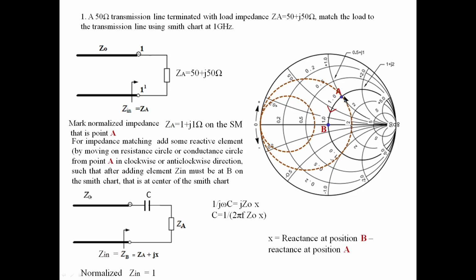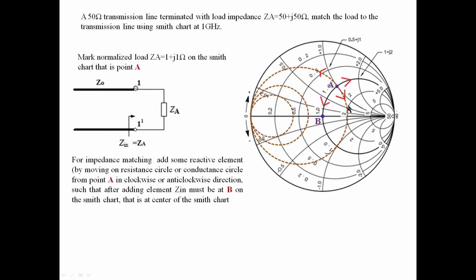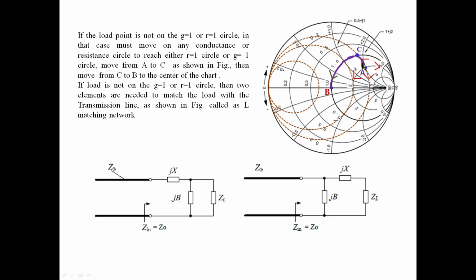After deciding one of the circles, we should think about in which direction we should move, clockwise or anti-clockwise. That we will see now. So the first thing we should do is this: wherever the load may be, first identify the resistance circle and conductance circle, then decide on which circle we are supposed to move.